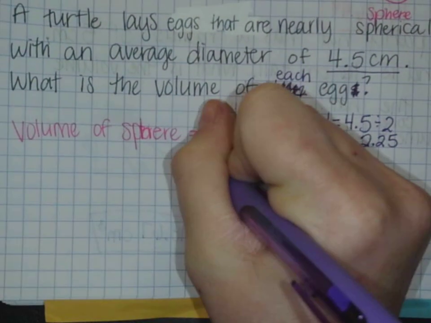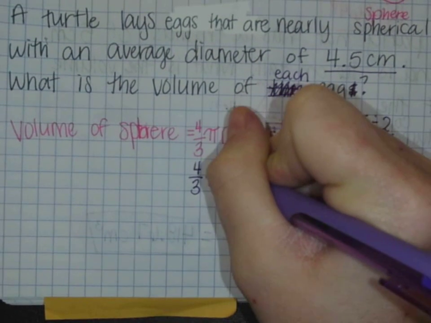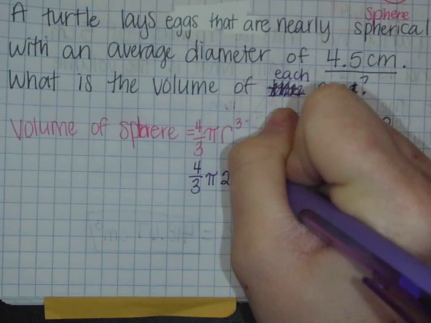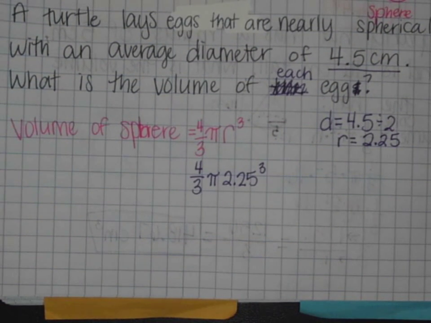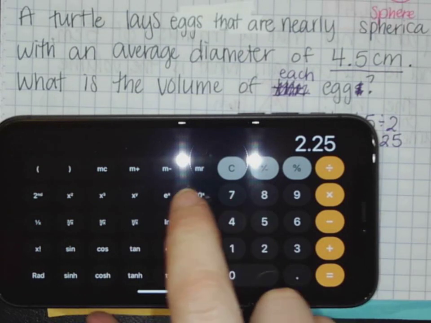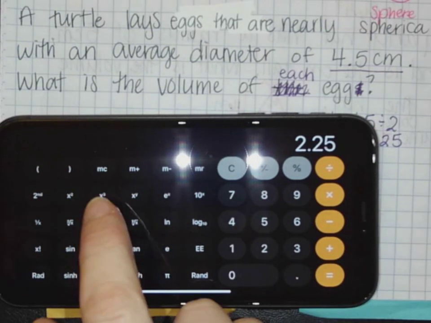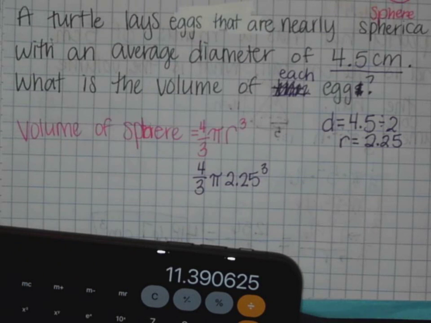So we're going to use 4/3 pi and then 2.25 cubed. So we're going to do 2.25, hit the cubed button or multiply it 3 times.